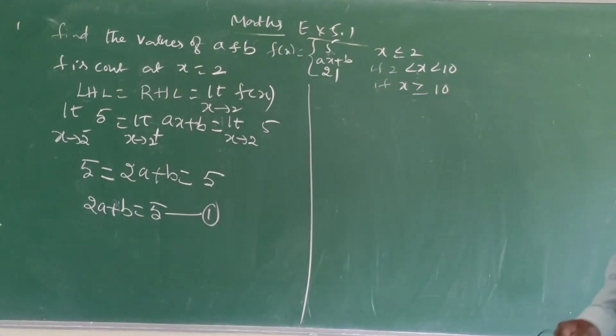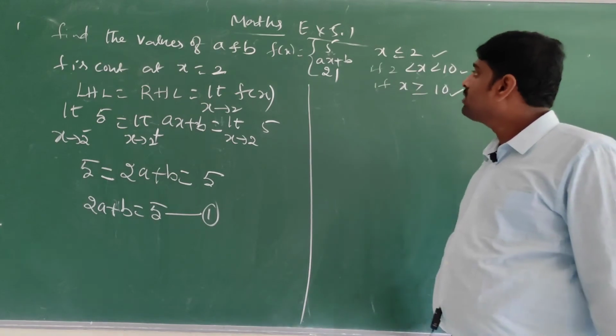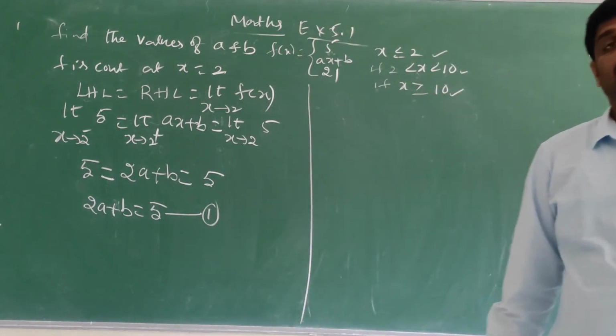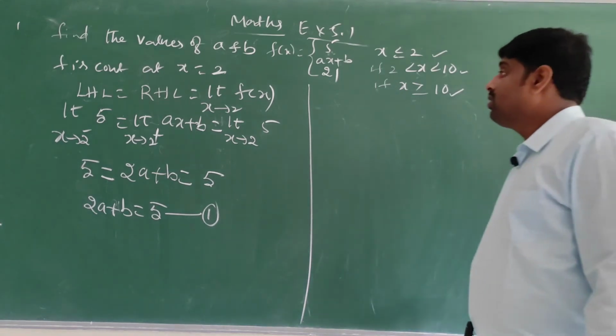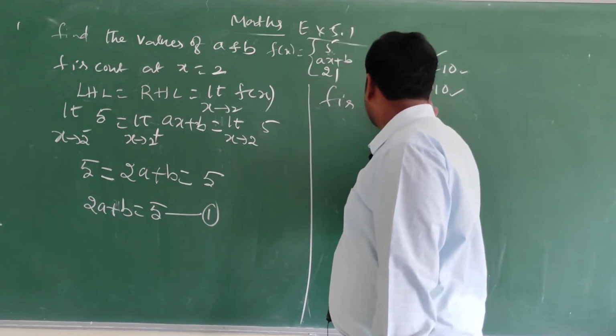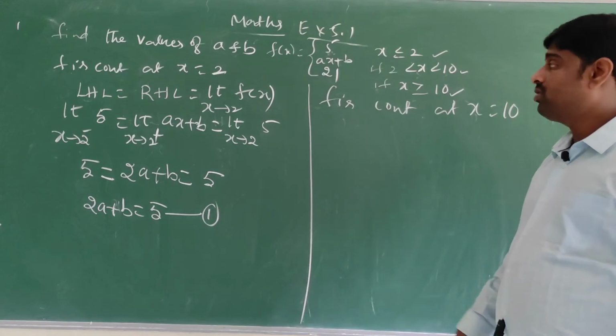Now come to here, observe the problem, children. This type of problem was already discussed in the previous class: discuss the continuity of the function like this problem. Now come to f is continuous at x is equal to 10.